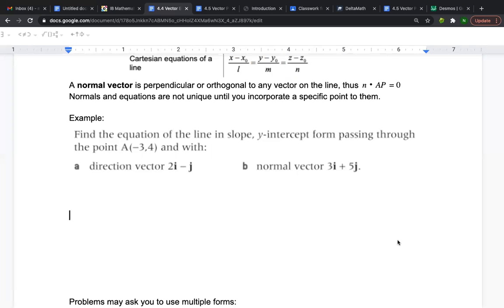So I have p is equal to a plus lambda d. So what I end up with here is that I have (x, y) is equal to my coordinate points, -3, 4, plus lambda, and then my directional vector would be 2, -1.